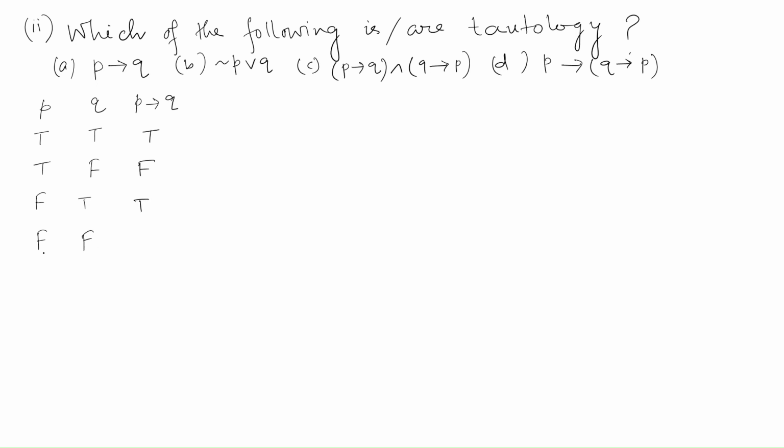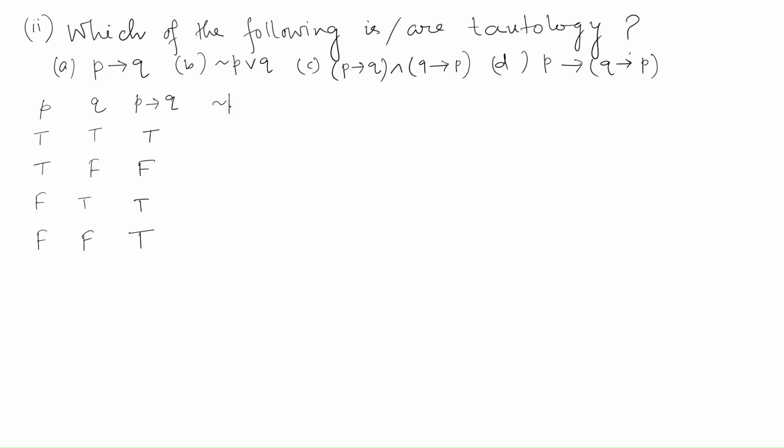If P is F, Q is F, P imply Q is true. So option A is not a tautology because all the outcomes are not true. According to the definition of tautology, all the outcomes should be true.